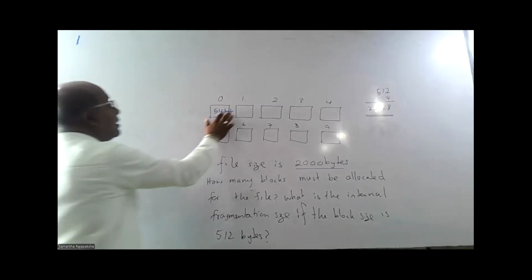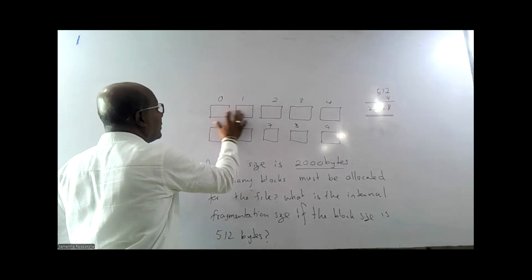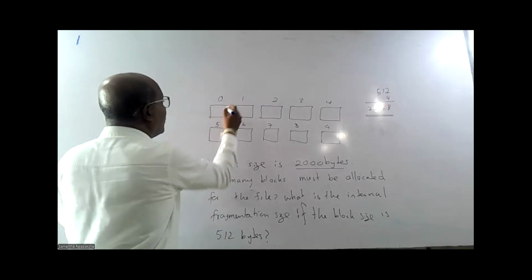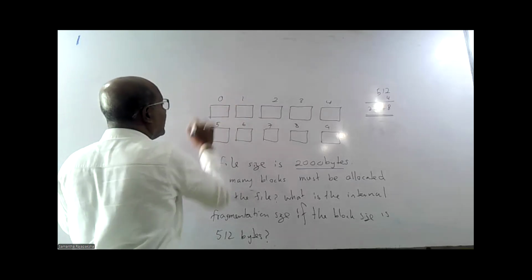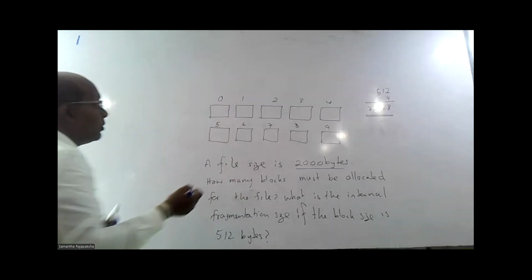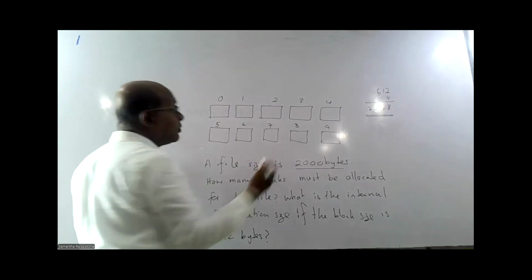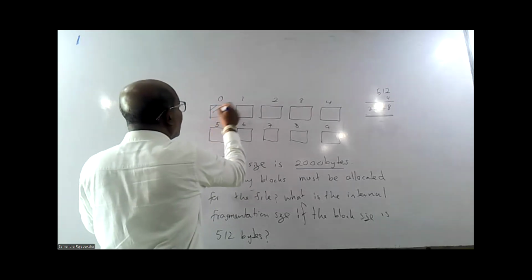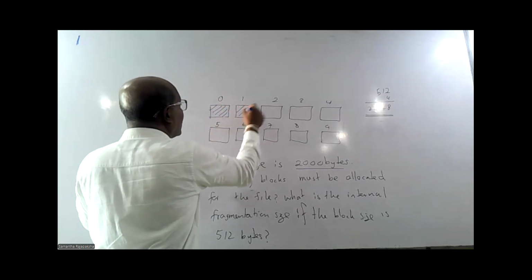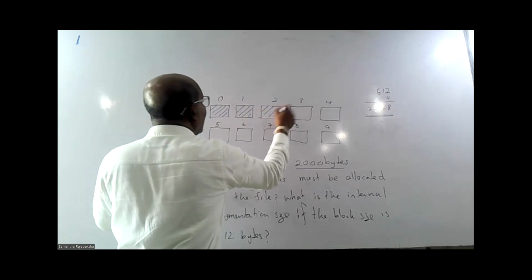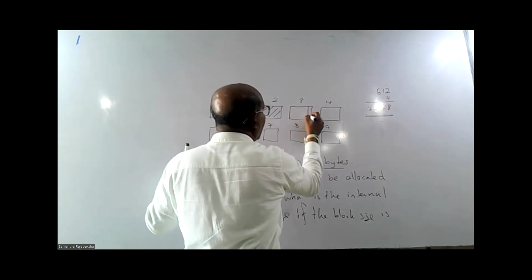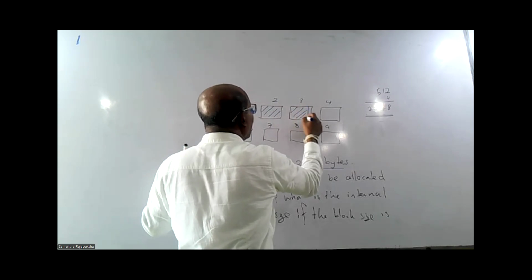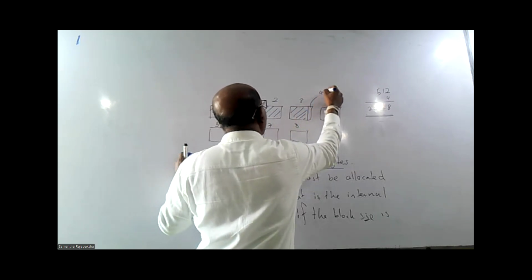Now, when you allocate the 4 blocks, what happened? You can see it is 2048. This block will be used entirely, this will be used entirely, this will be used entirely, but in the last one, you can see it used only up to 2000, and the remaining part is 48.